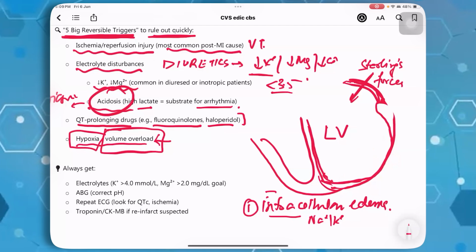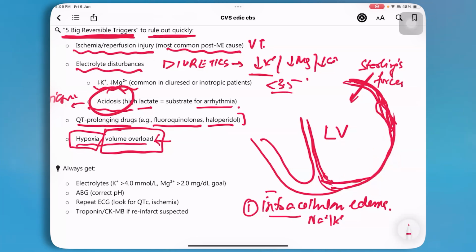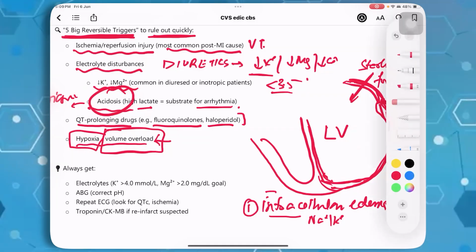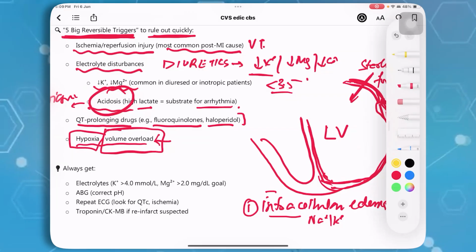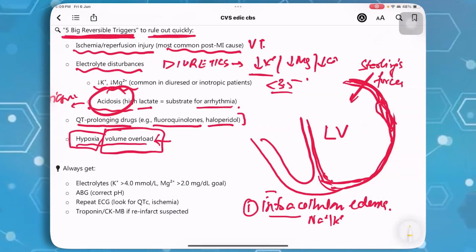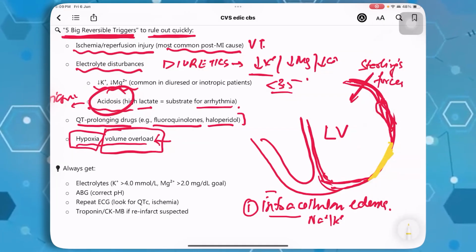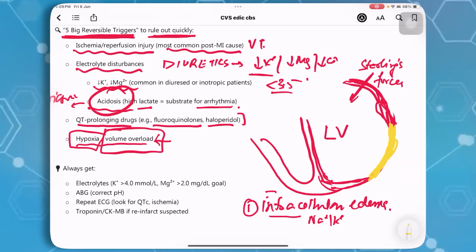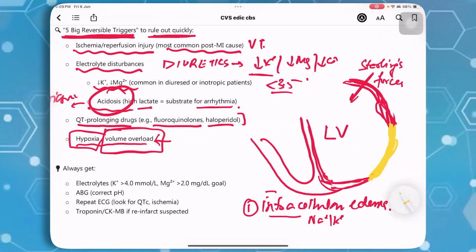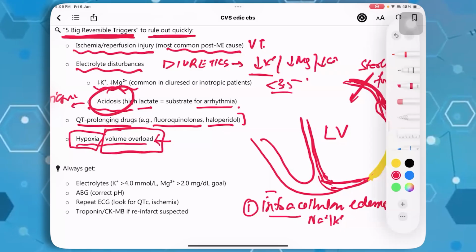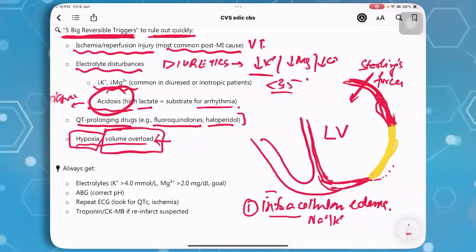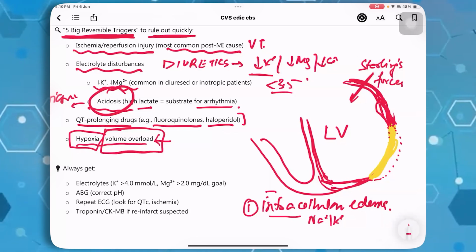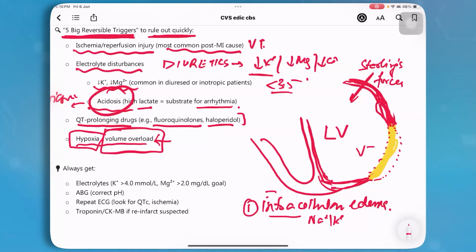So what has happened is this thinned out portion is very sensitive to stretch. So what will happen is the moment the left ventricle stretches beyond a certain level, this infarct tissue will throw a ventricular arrhythmia.